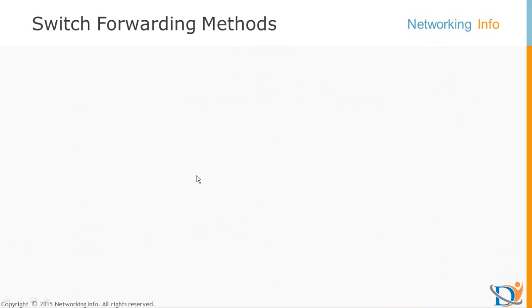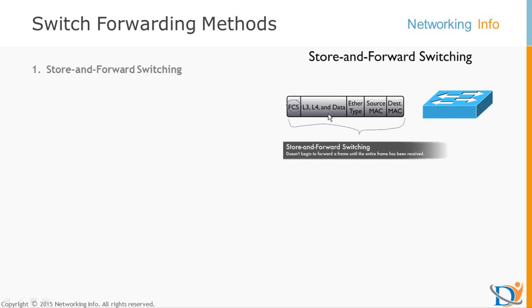Now there are certain switching forwarding methods. Let's understand what these are. Store and forward switching: this method is mostly available in access layer devices. Whenever any frame comes to the switch, it reads the frame entirely and checks the frame size.